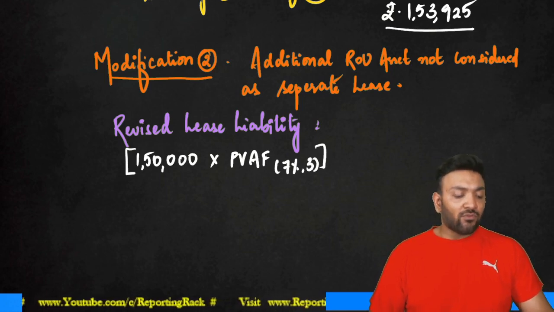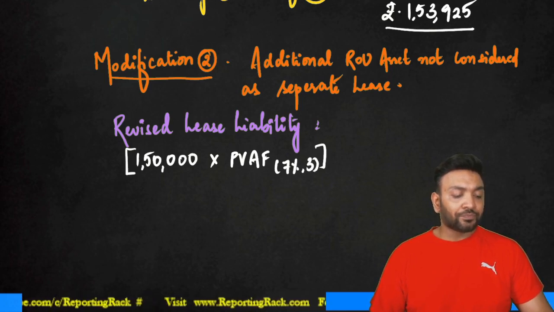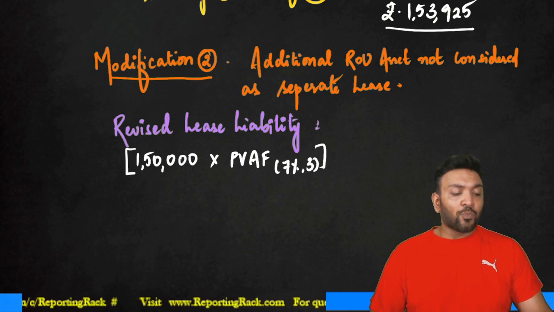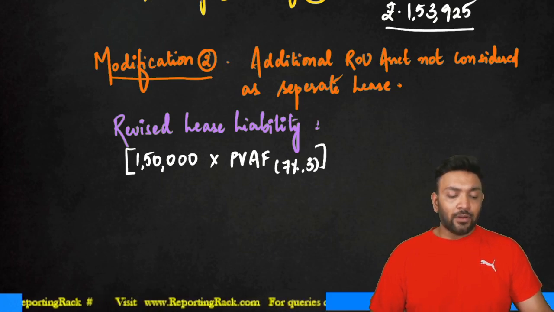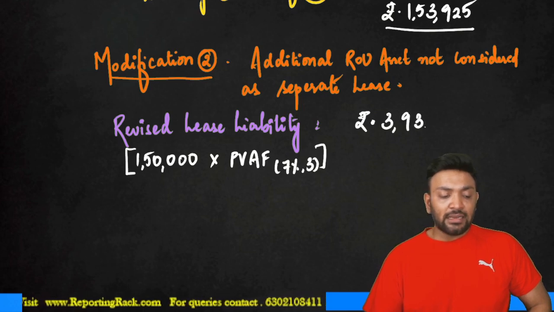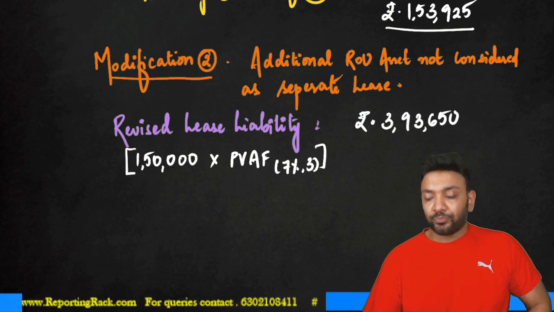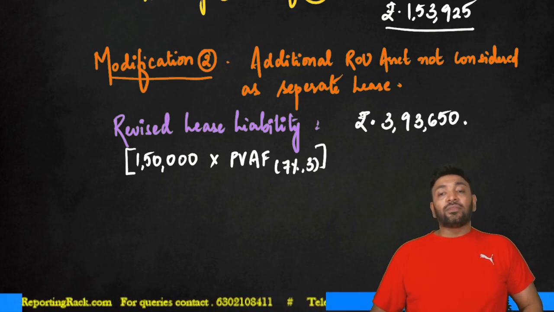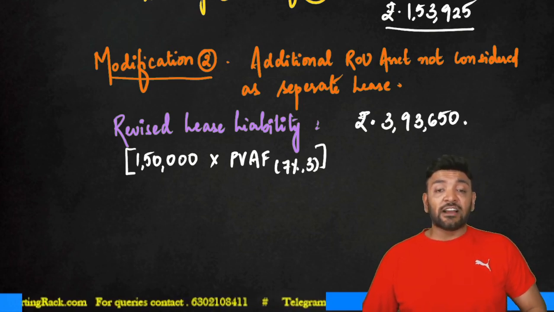Calculate. 1,50,000, 1 divided by 1.07, 2.6243 multiplied by 1,50,000, 3,93,650. 393,650 is your revised liability.